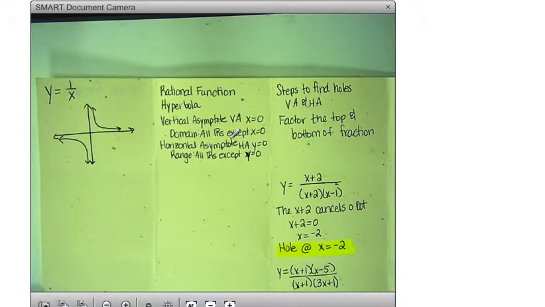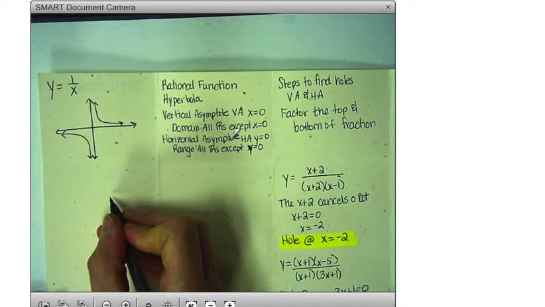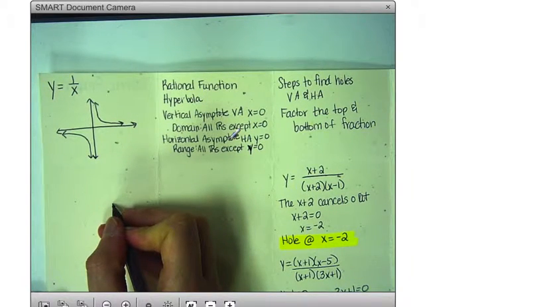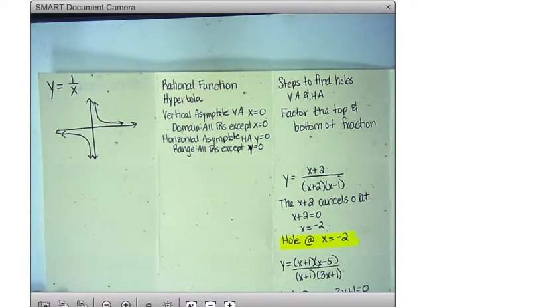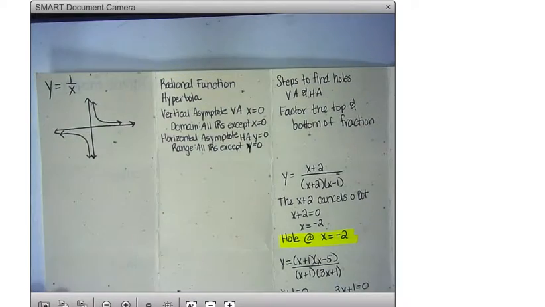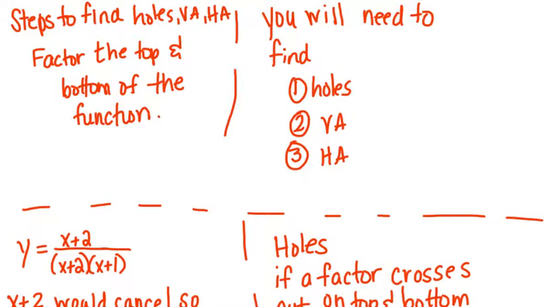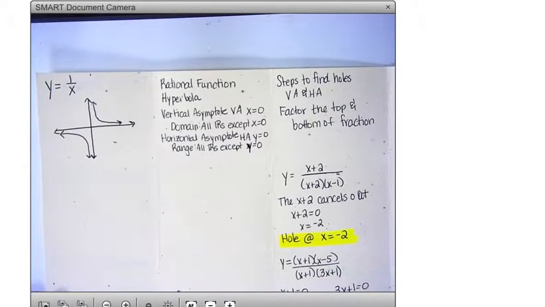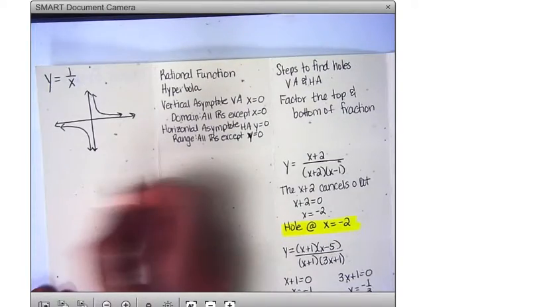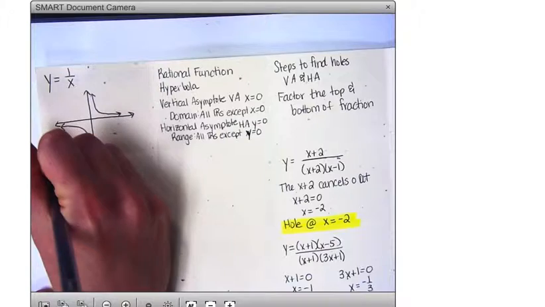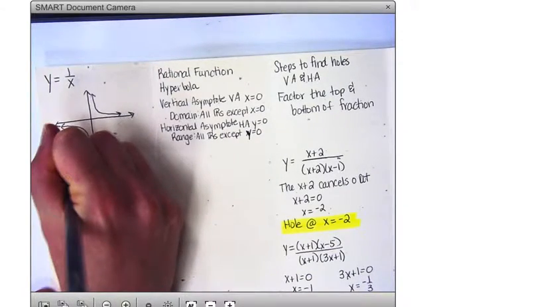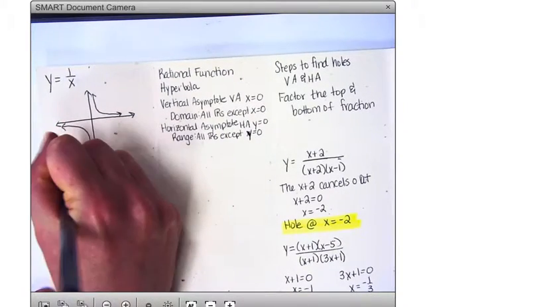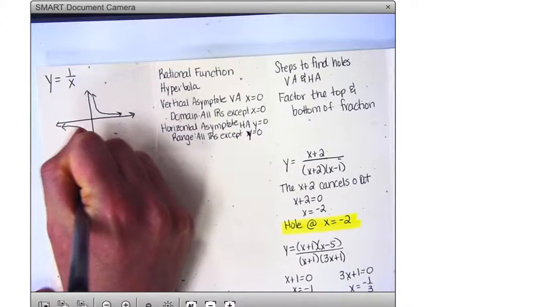All right, here we go. So in this box right here, we're going to put an example. I want you to put y equals x plus 4 over x squared plus 6x plus 8.